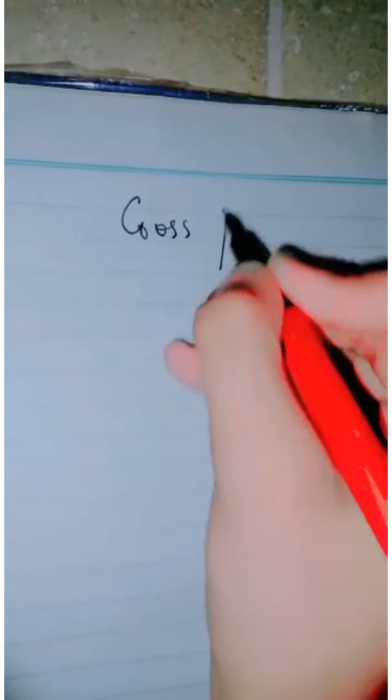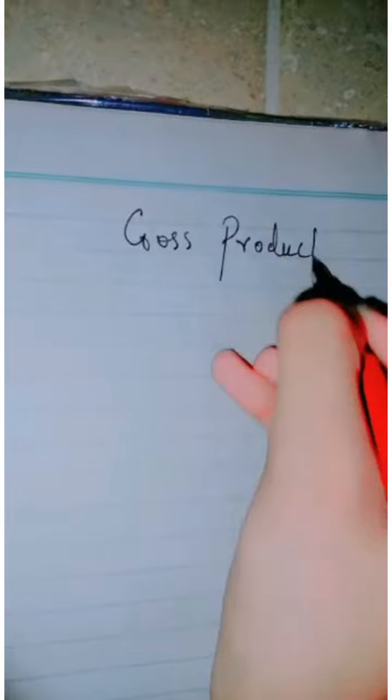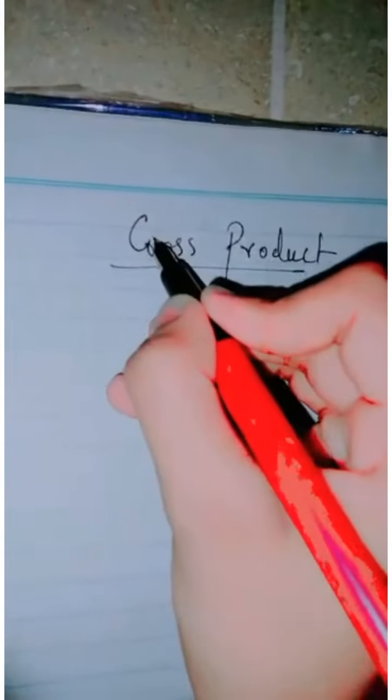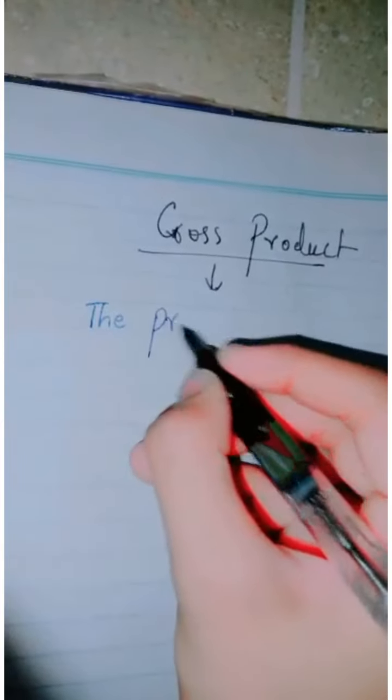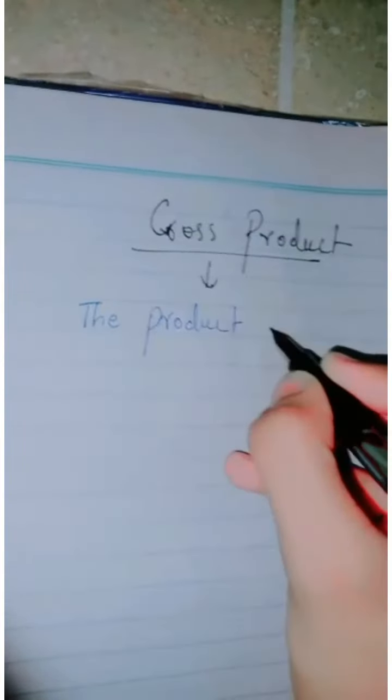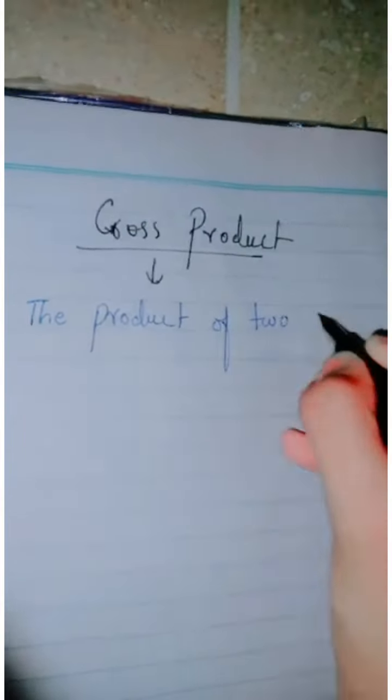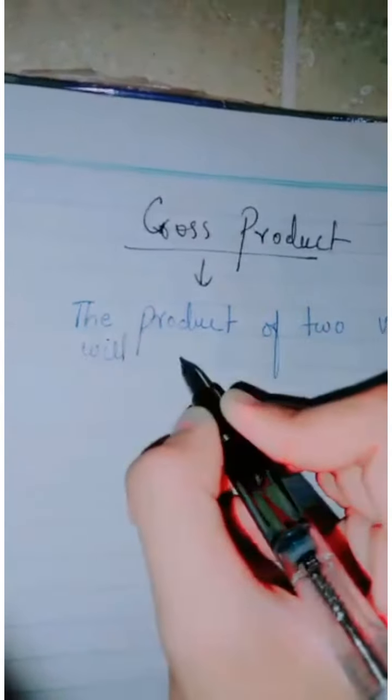Coming to a second product, that is a cross product. What is cross product? The product of two vector will be vector.